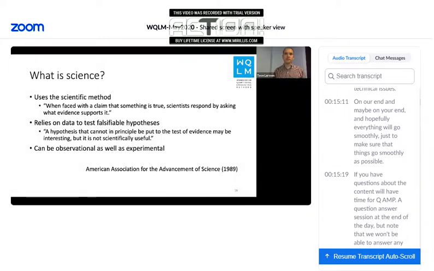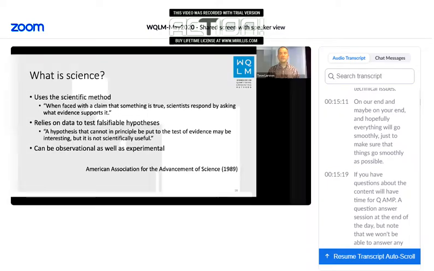And then it's important to point out that science can be observational or experimental. A lot of times you'll see in maybe research design or statistics books, they sort of elevate experimental research designs above observational.